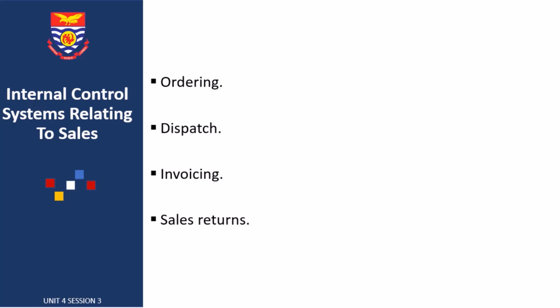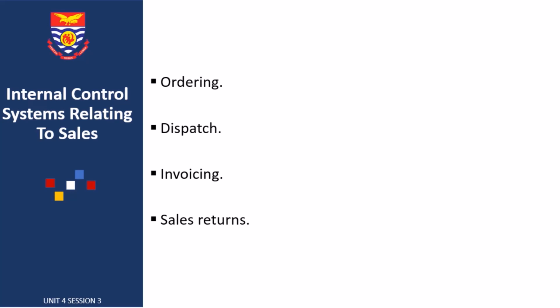So the person who is authorizing this must refer to the original order note that has been authorized, and the dispatch note. Then all invoices and credit notes should be entered in the sales day record, that is the sales ledger and then the sales ledger control account.